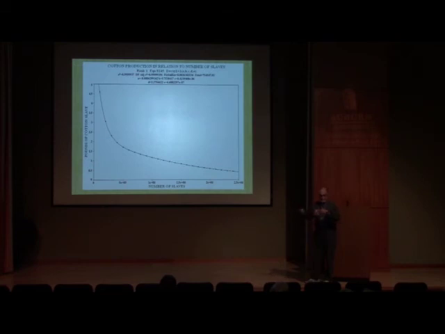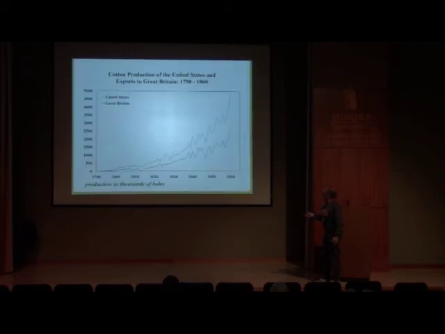Other industries and things required slave labor, so this is why you see the drop. Cotton production in the United States as related to imports, Great Britain, imports of cotton. And you can see they go very closely. So the English were very, very dependent on the southern cotton.